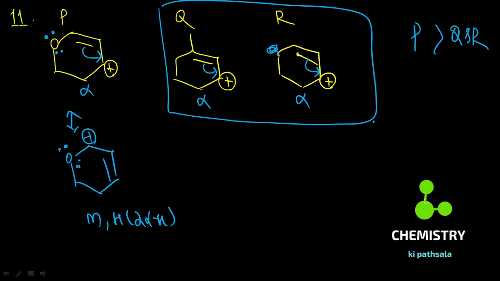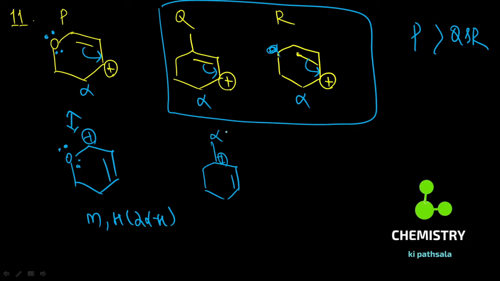Now in between Q and R, you have to check very carefully. We'll find out there is a possibility of this resonating structure. Okay, I think you got the answer very quickly. You find your resonating structure like this.